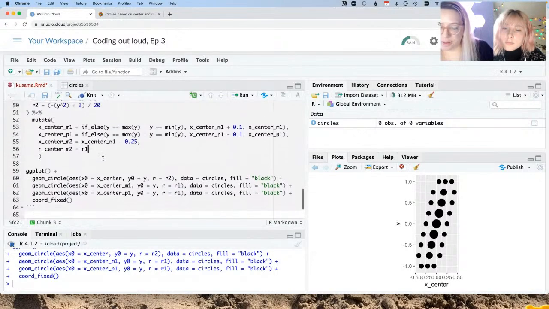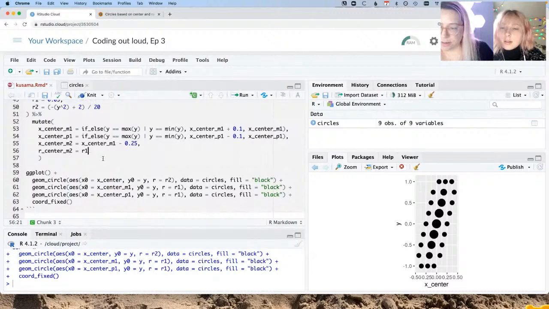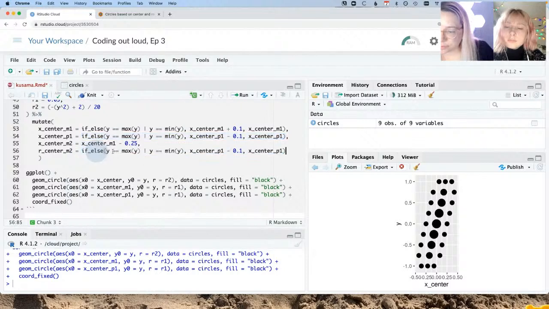We want it to be with a modification of the little bit of bottom. Yeah. Okay. So maybe borrow this if-else statement and work off of that. So if y is the minimum, or do we want it to be if y is less than some number?